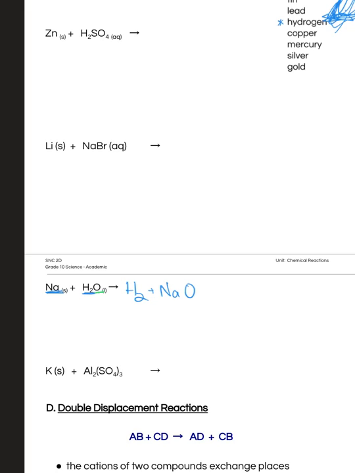What happens though, and this again I think is probably the most confusing part, is this hydrogen is happy, it's diatomic right now, but I need to make sure that this sodium and oxygen are in the right proportion. And remember, proportion has to do with subscripts, so I need to figure out what subscripts I need here. In order to do that, I need to do my crossover rule.